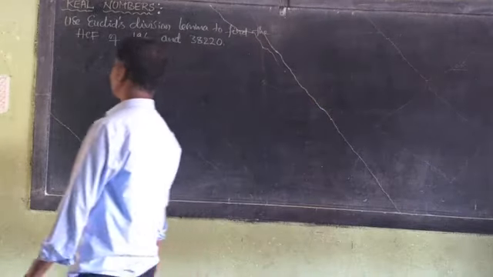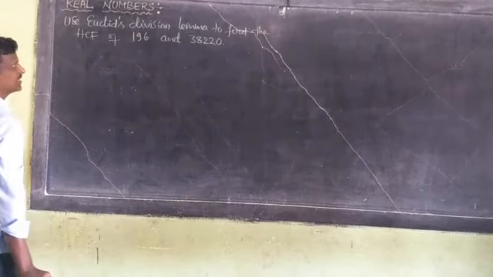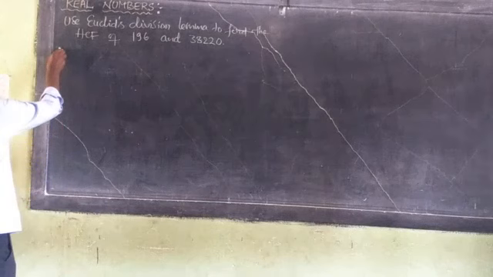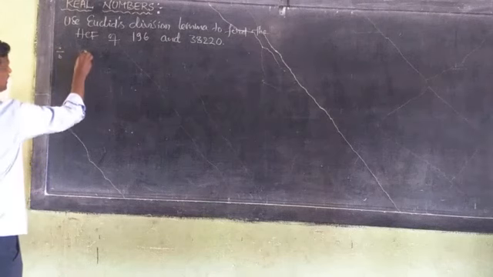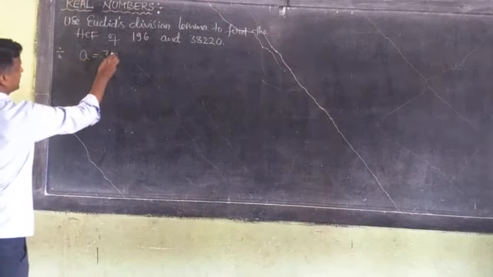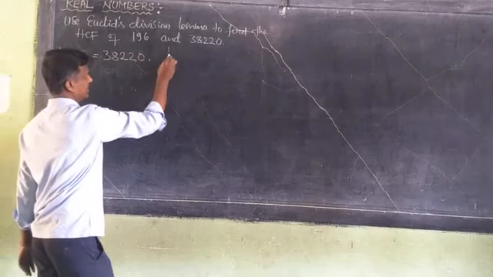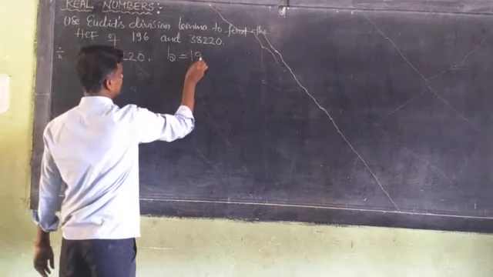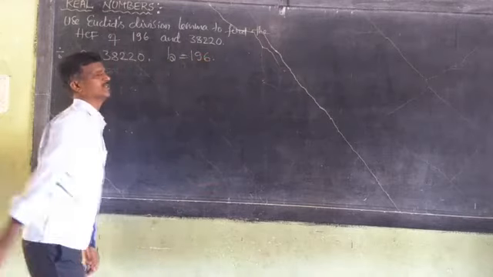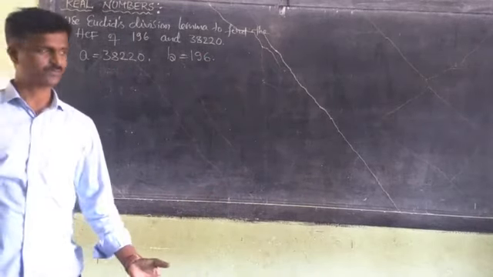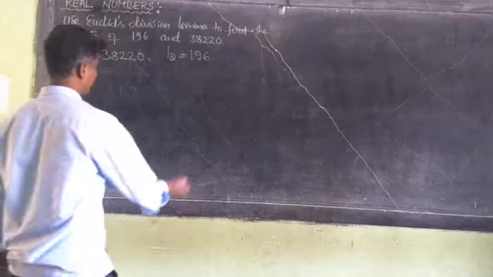So the greater number can be taken as the dividend here. So we should take A is equal to 38,220 and B, the smaller number, is 196. You can apply the steps here. What are the steps we follow?